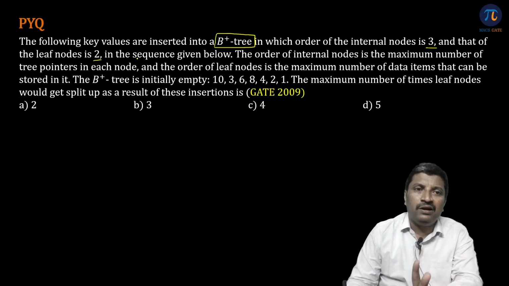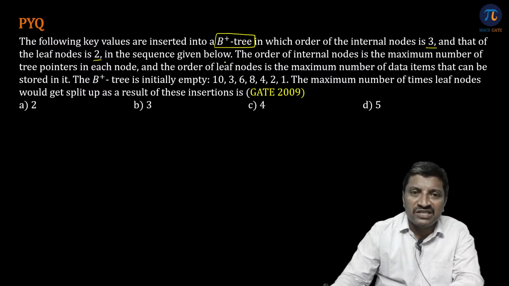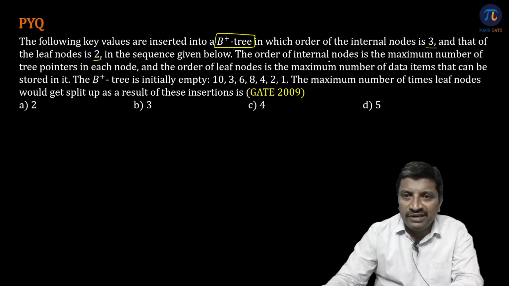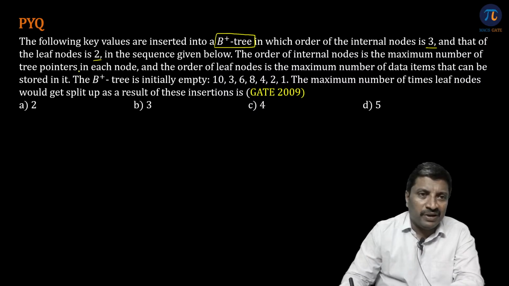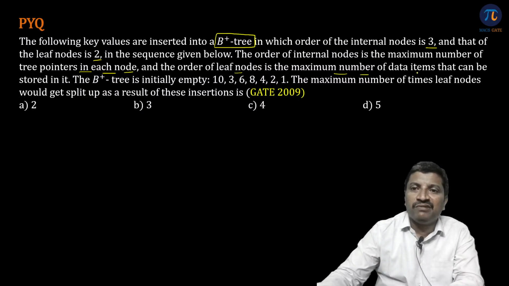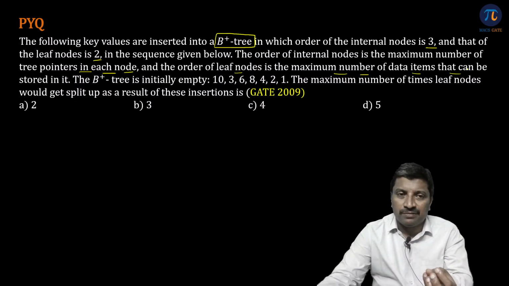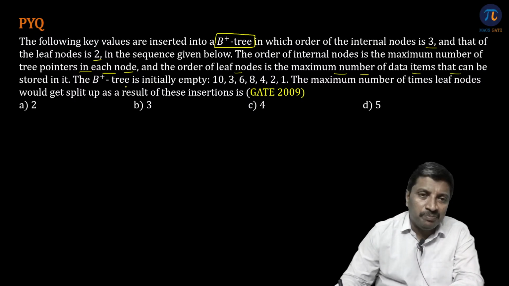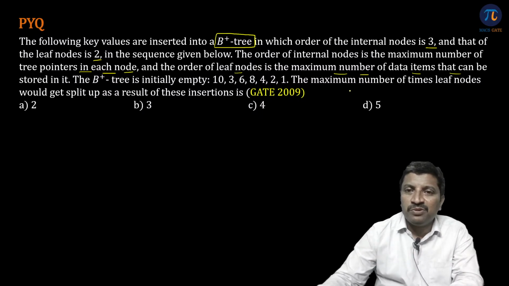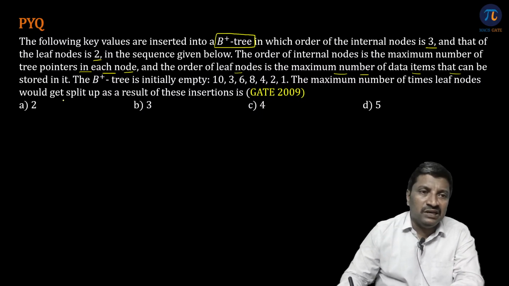In the sequence given below, the order of internal nodes is the maximum number of tree pointers in each node, and the order of leaf node is the maximum number of data items that can be held. The same definition they given, sir. Now the B plus tree is initially empty. The maximum number of times the leaf node would get split up as a result of these insertions.